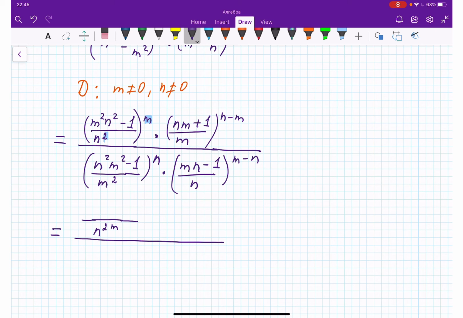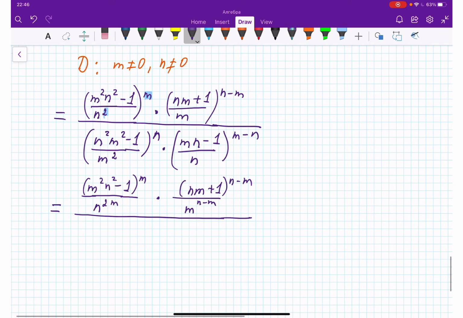I'm going to distribute (m² n² − 1)^m. Next, this one, m^(n−m). Same thing, to the numerator (nm + 1)^(n−m).